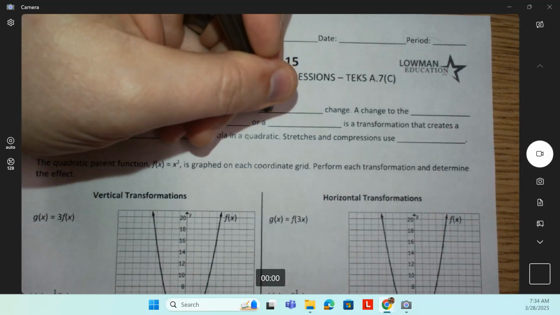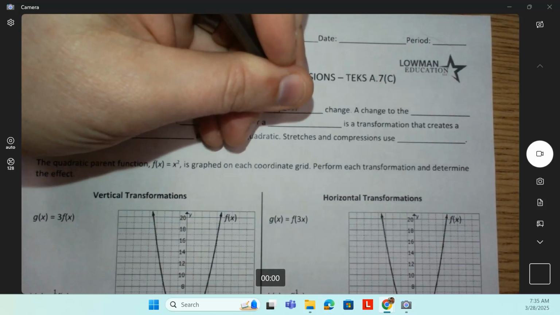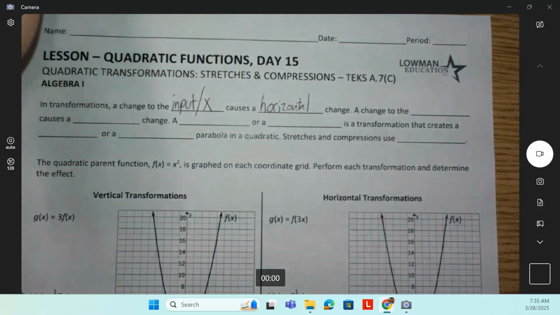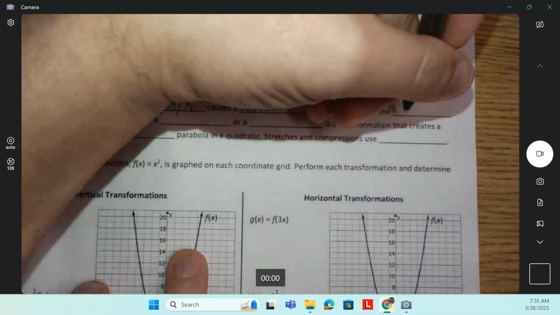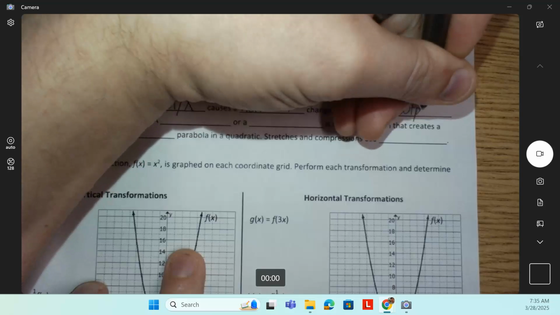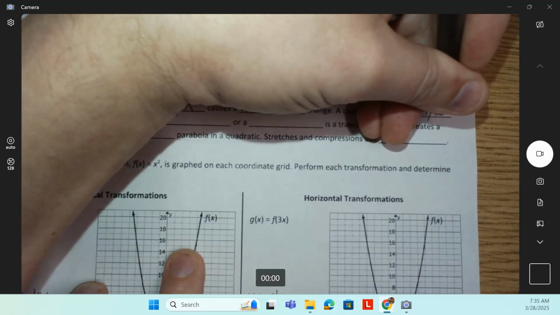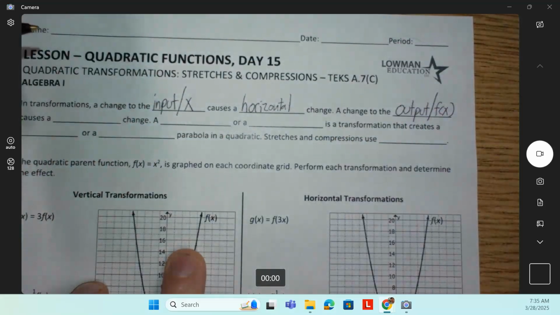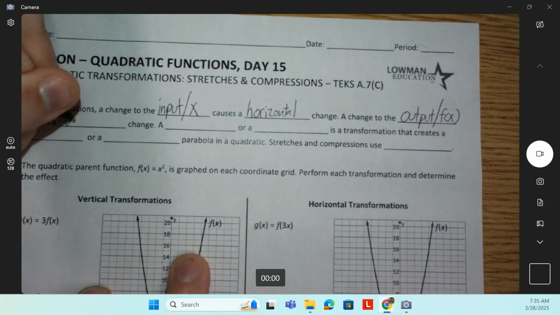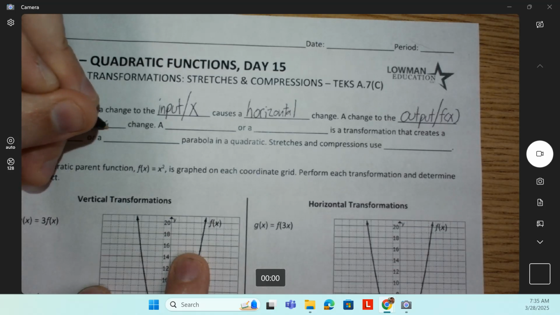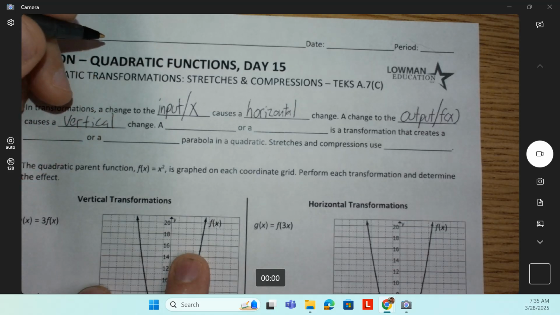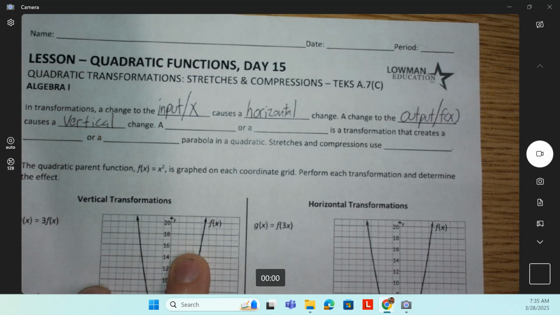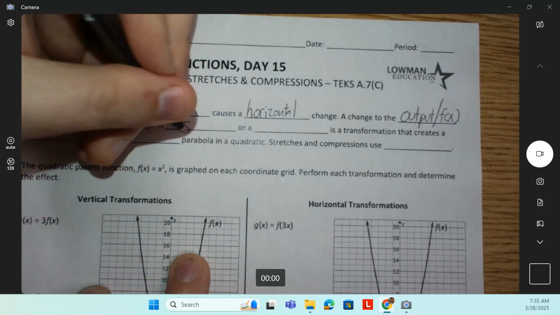And if we change the output, or f of x, that's going to cause a vertical change. So it's either going to be a stretch or a compression.